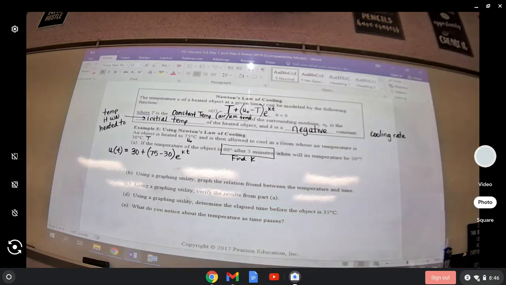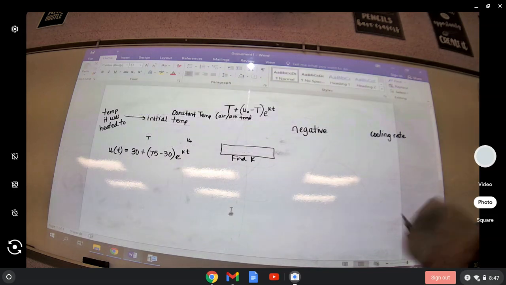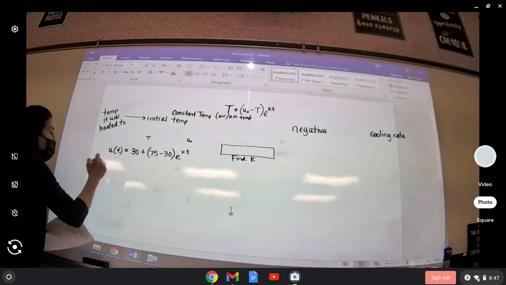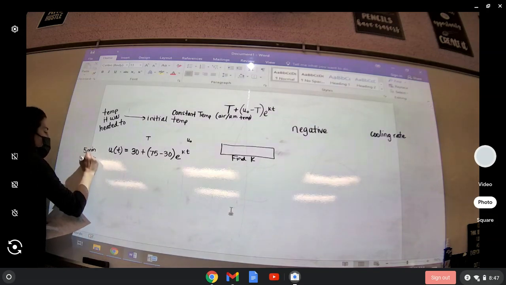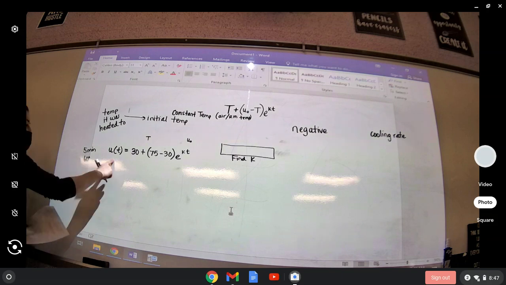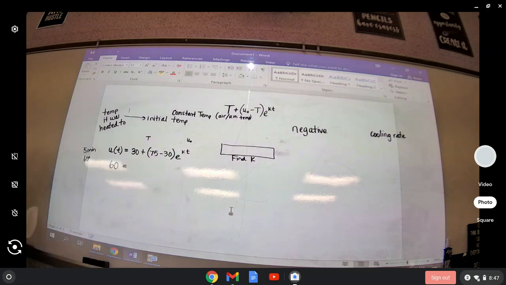Let me just get myself a blank slate here so everybody can see what I'm writing. All right, so here we go. And we'll clean this up as we go. So we know it takes 5 minutes to reach 60 degrees. So let U equal 60 and let time equal 5.